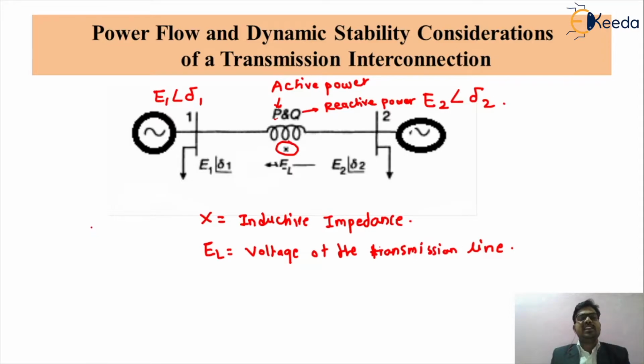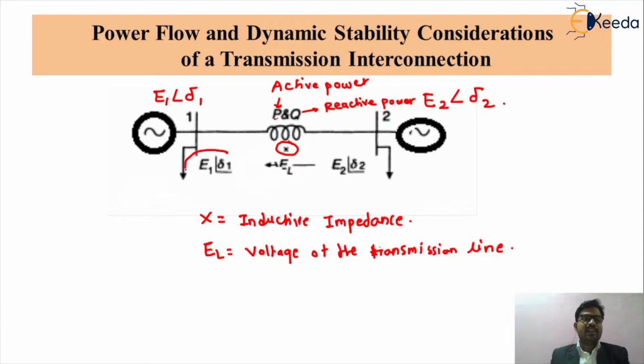Friends, as we have seen in that simple single line diagram of a power flow, we can get the sending end voltage, that is E1, and the receiving end voltage, that is E2, with the power angle, which will be del 1 for the sending end voltage and del 2 for the receiving end voltage.